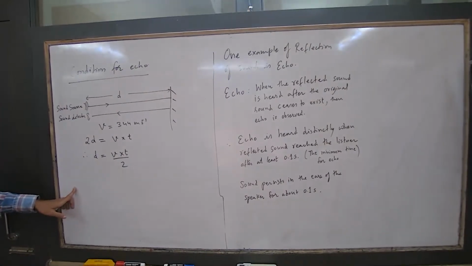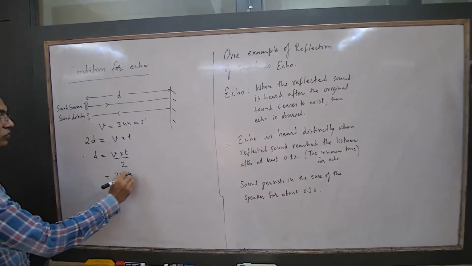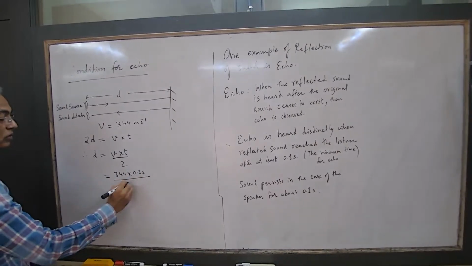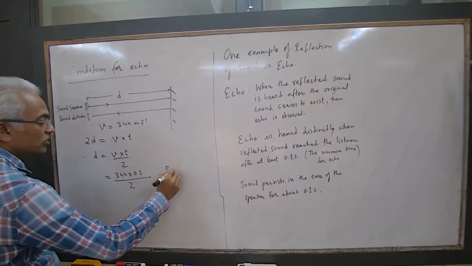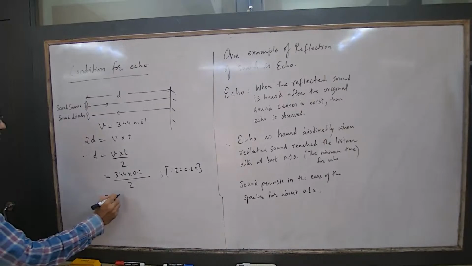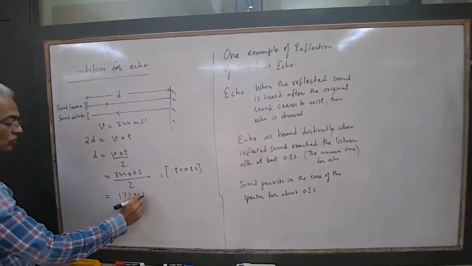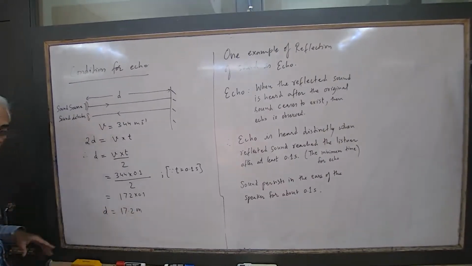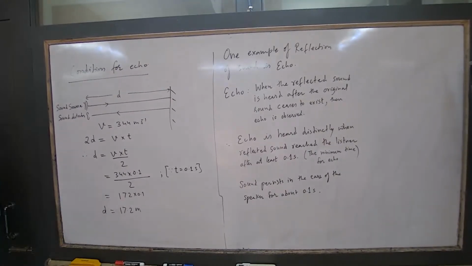Minimum distance needed for echo to be heard should be this. So let's substitute. v is 344. Time is 0.1 second, time of echo, divided by 2. Since t is equal to 0.1, so how much is this? 17.2. So to hear echo distinctly, the sound reflector should be at least 17.2 meters away.